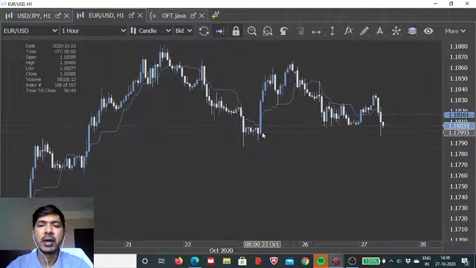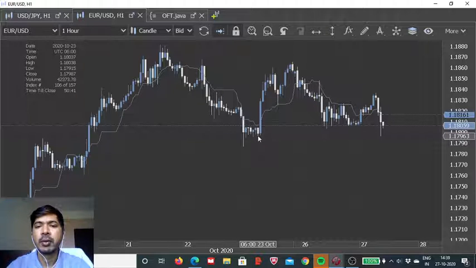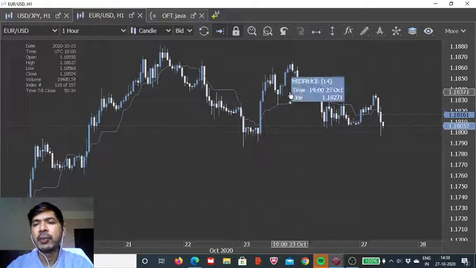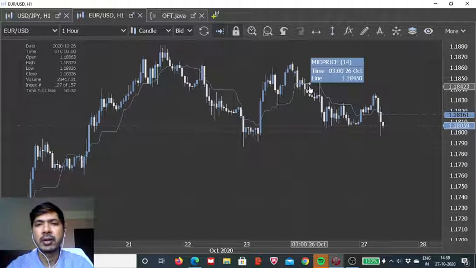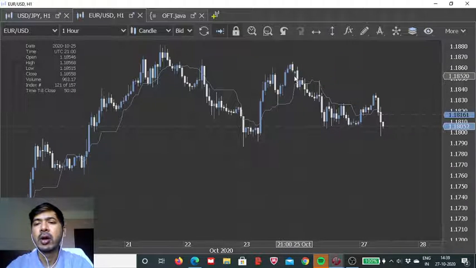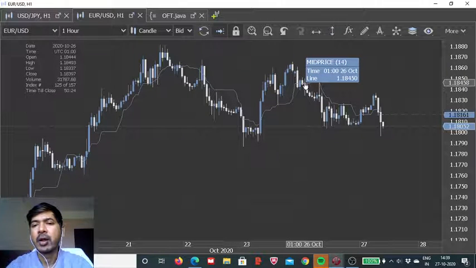We can even think about going in for a long position whenever there is a change of momentum from being on the lower side of this mid price. When the price moves on the higher side, we can initiate the buy side trade, and vice versa. Whenever we see that price is now dipping below the mid price after having been above the mid price for a good amount of time, we can think about initiating a fresh trade on the short sell side.